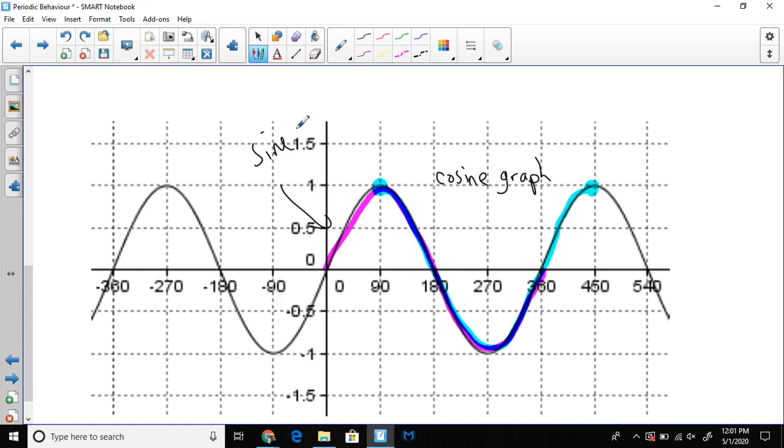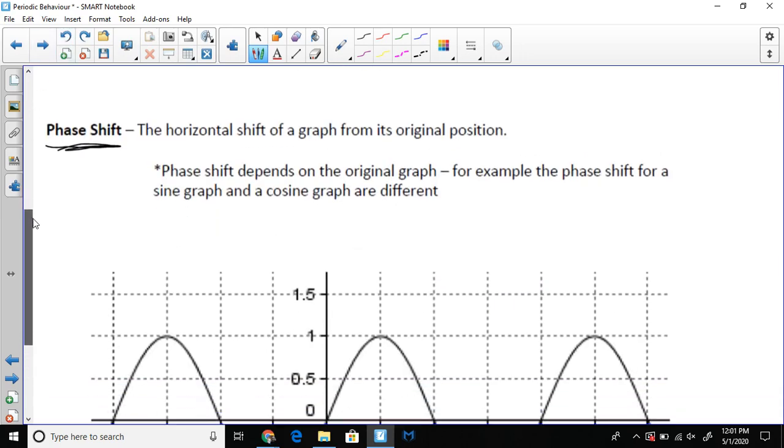So you'll notice that this one wave that you're looking at can be represented by a sine and a cosine graph. But we'll get into that more later. So let's get rid of this for now.